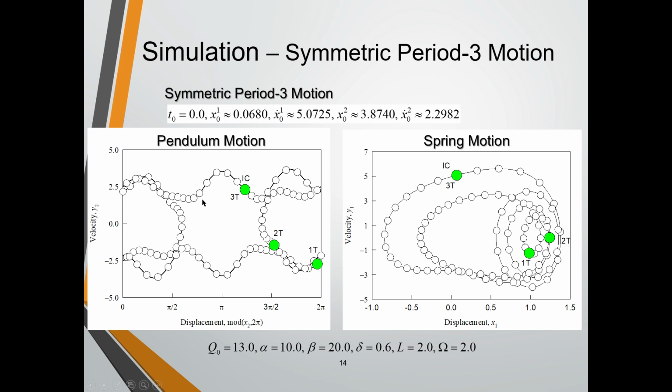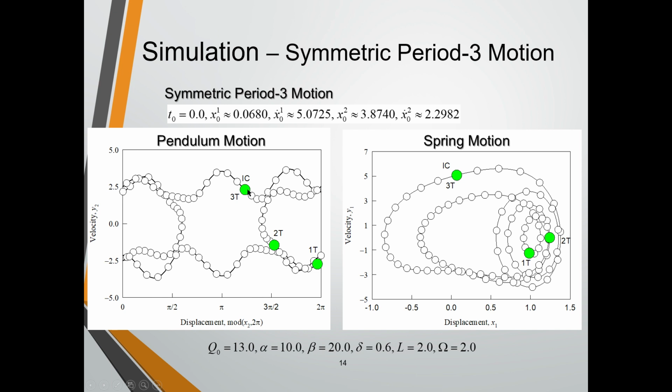Here is the trajectory for the pendulum motion, and on the right hand side is the trajectory of the spring motion. You can see that the trajectory of the pendulum motion is basically symmetric to itself according to the point pi, 0, this point.